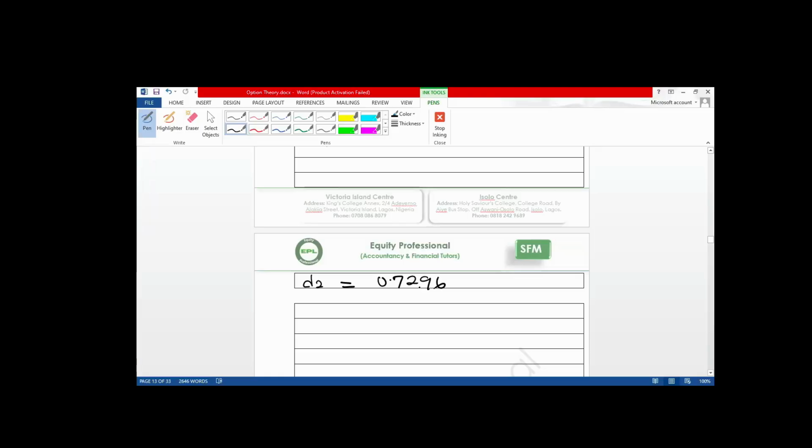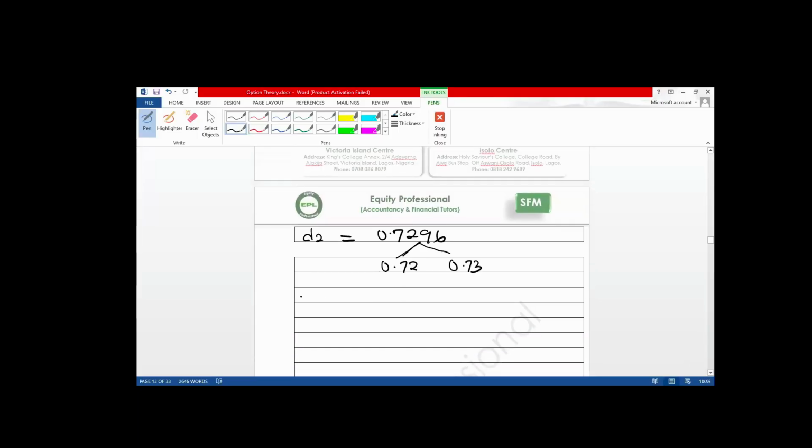So establish a range, 0.72 to 0.73. When you are done establishing the range, now open your ND2. Your D2 figure will give you your ND2 figure.